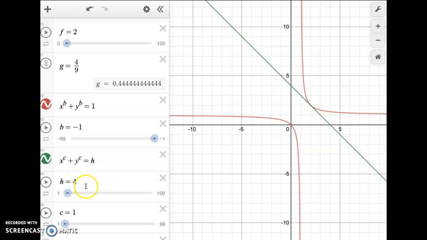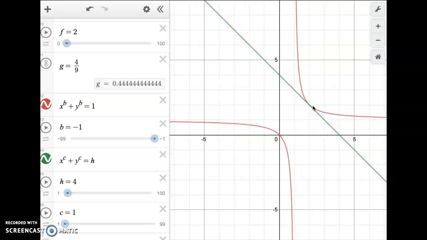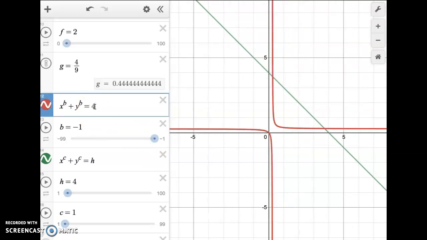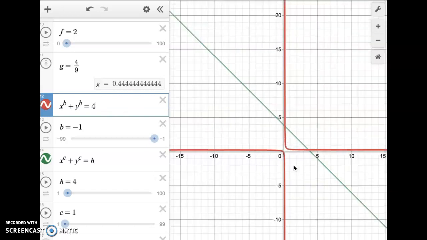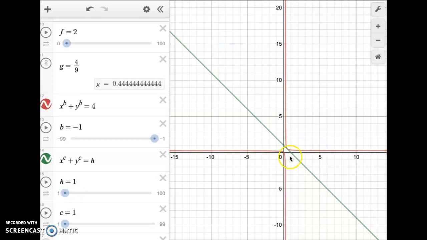So that's how we get this 4 value. And so seeing this, we want to continue to check and just see if it works for other numbers too. So we just go up here and change this to 4. And we know for the other exponents that it would work when we would make this equal to 1. So just knowing that information, we slide it back down to 1.